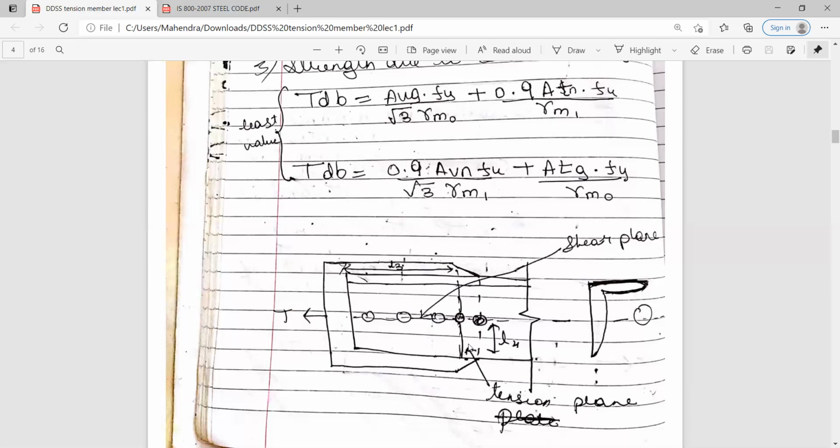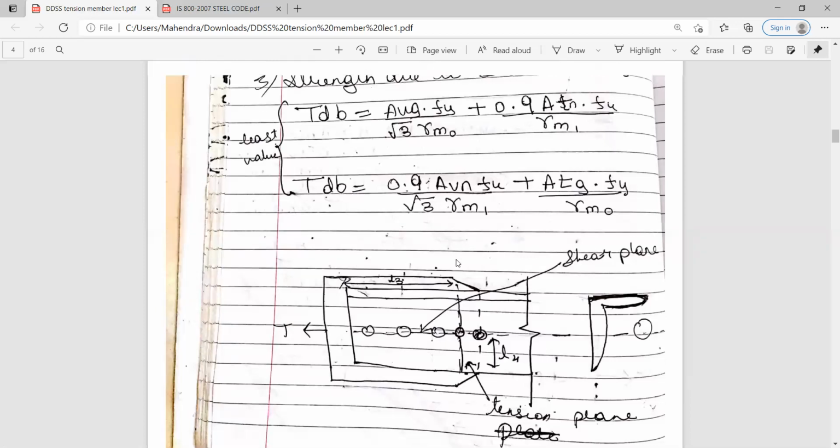When we calculate L3 and L4, we need to know where the shear plane and the tension plane are. From here to here is L3, and this distance is L4.